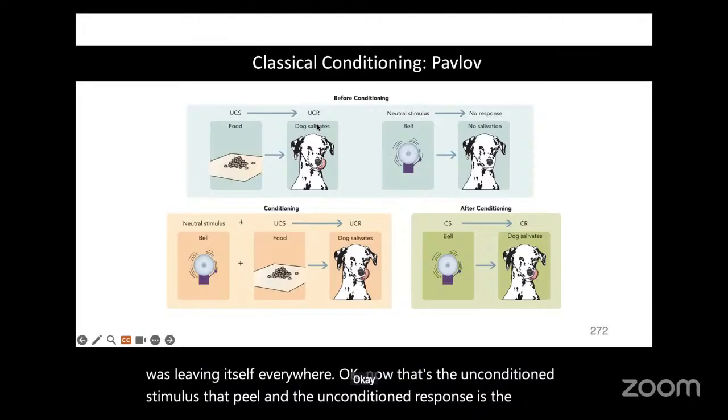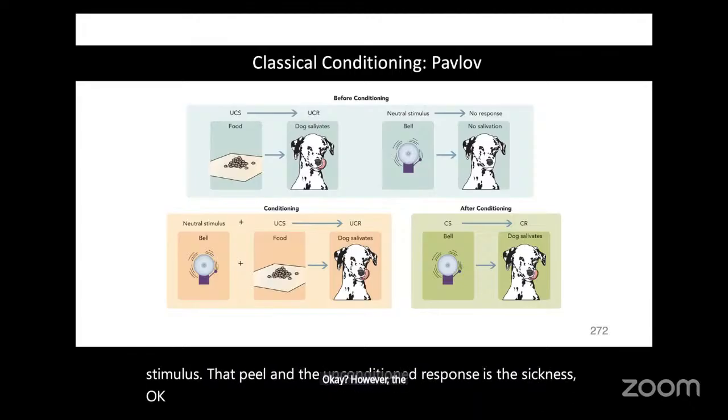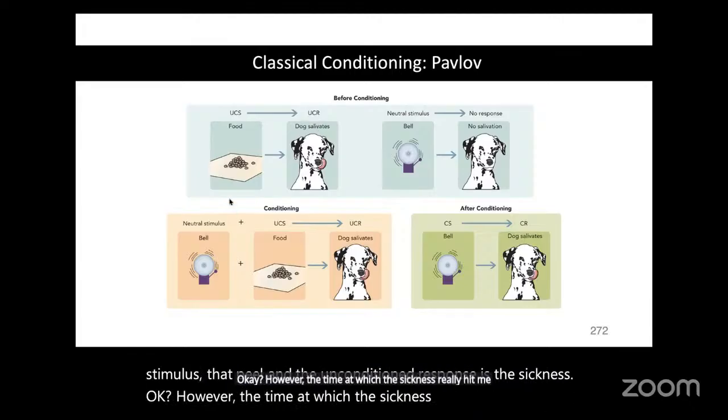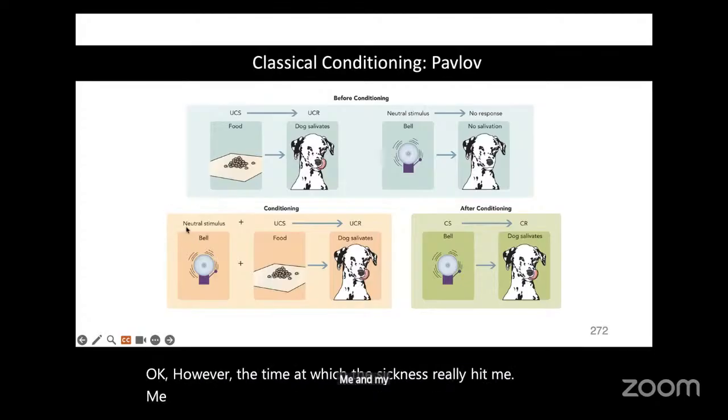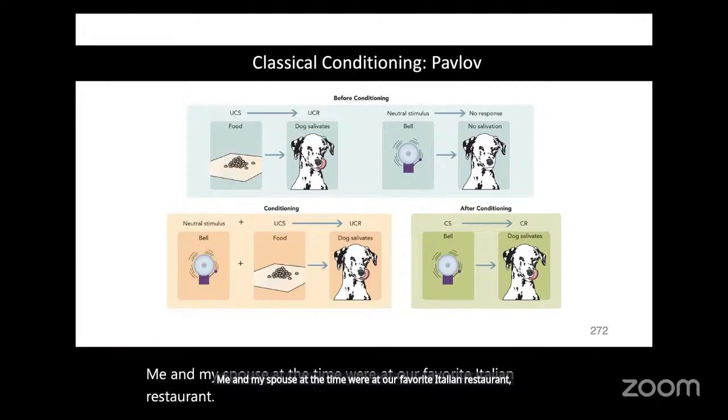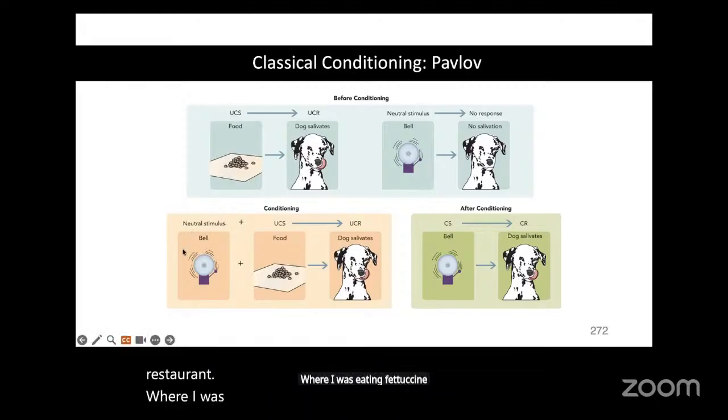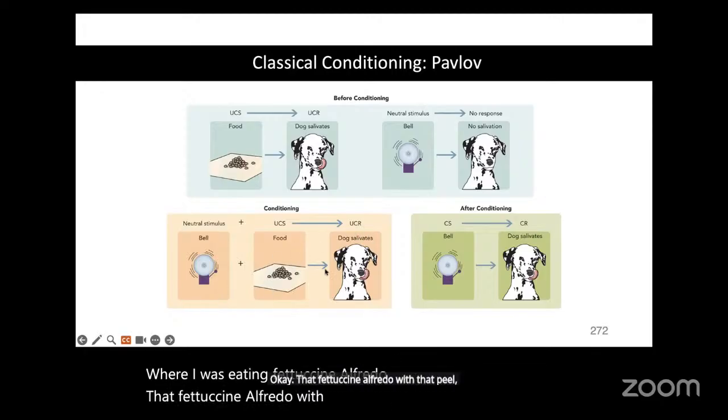However, the time at which the sickness really hit me, my spouse at the time and I were at our favorite Italian restaurant where I was eating fettuccine Alfredo. That fettuccine Alfredo with that pill got associated with the sickness.